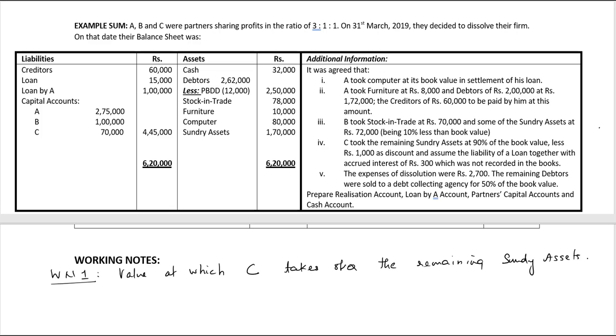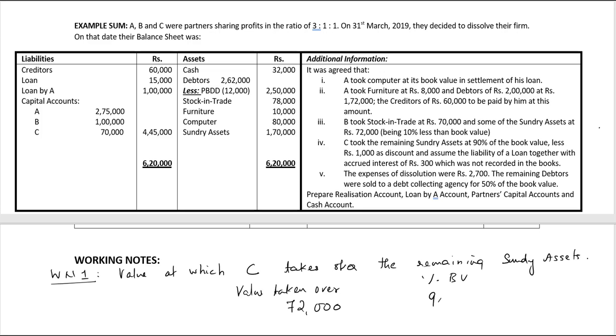So first let's find out the book value of the remaining sundry assets. Under point 3, it says B is taking over some of the sundry assets at rupees 72,000, and this is 10% less than the book value. So its value taken over is 72,000, and this represents 10% less than the book value.